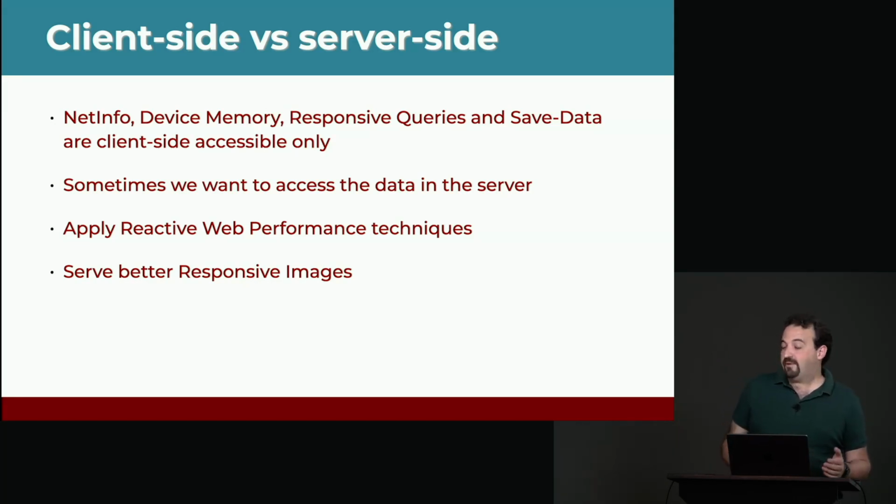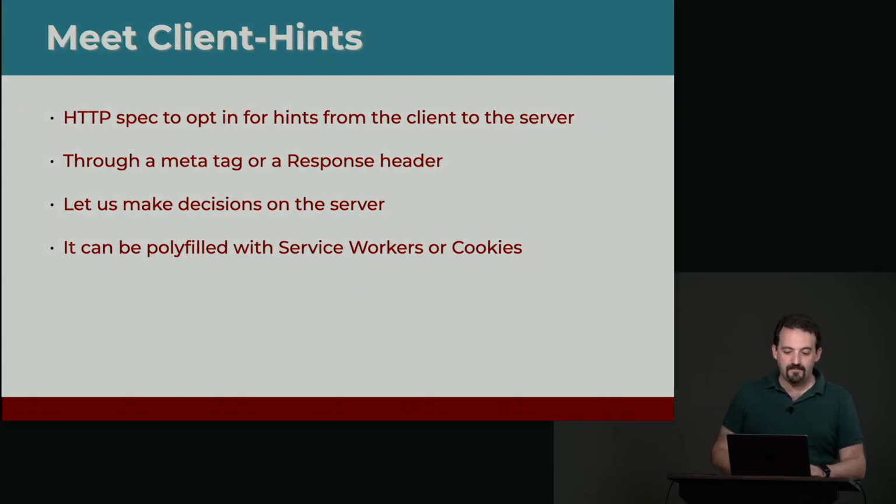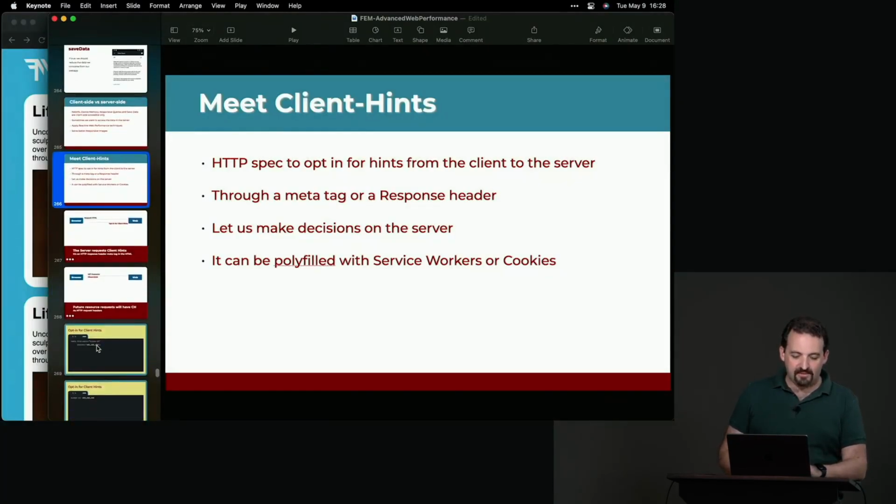Based on that, you may want to provide an image that is 4 times by 4 times bigger, so 16 times bigger, unless you realize that the memory is not good enough or the latency is not good enough. So it's not just about one piece of data, it's the mix of information that will let you reach better conclusions about this, okay? And for that, we use client hints that we have already seen.